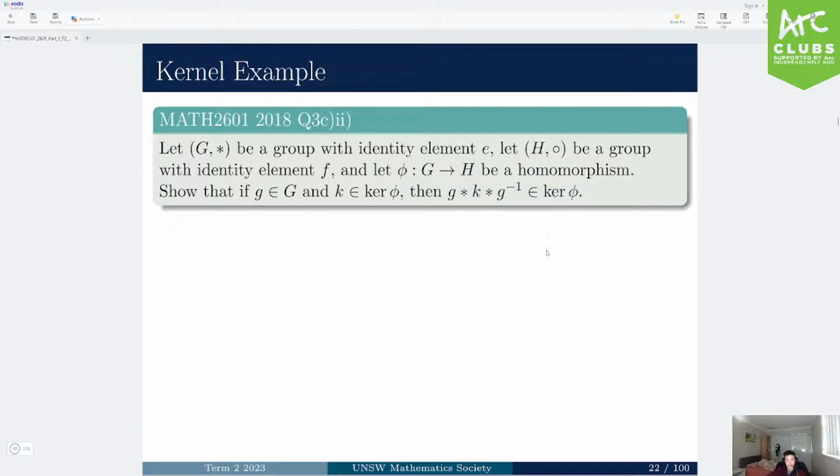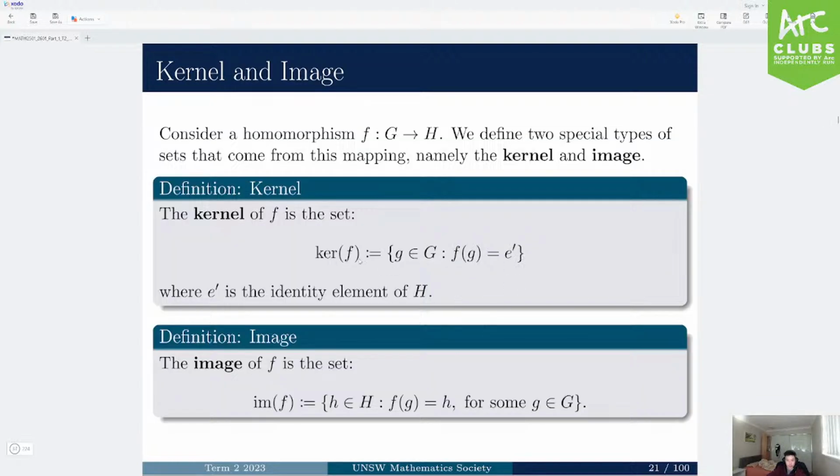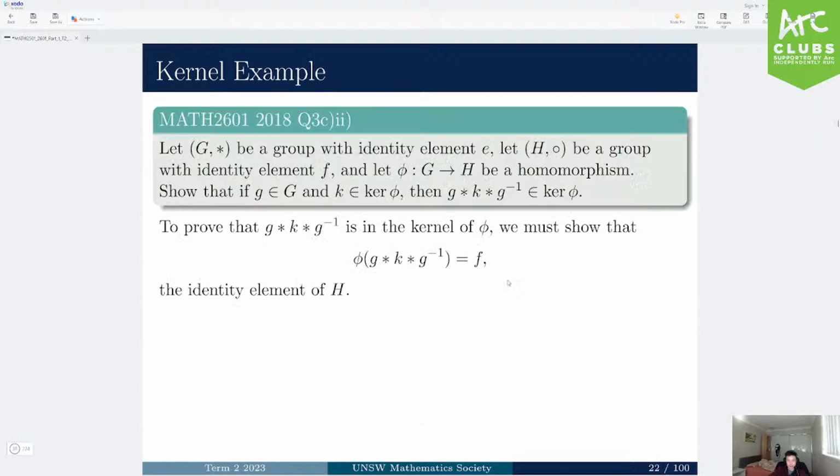The general approach to proving something is in the kernel of phi is we have to show that phi of this element maps to the identity element, because that was the definition of a kernel.